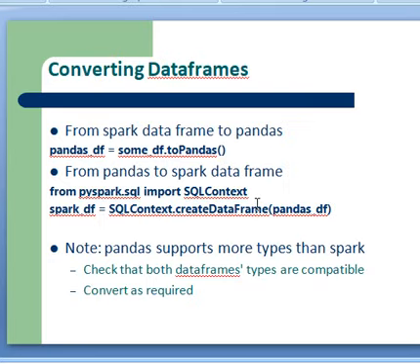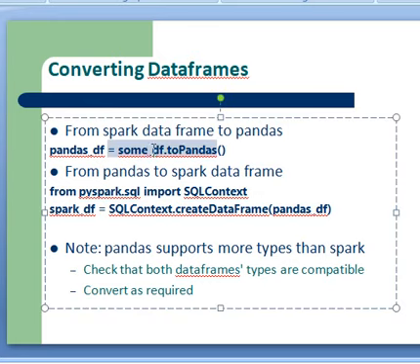Okay, so if we have a Spark data frame, how can we convert it? There is a function, toPandas. This is an object of a data frame, so I want to convert it to Pandas. This is the function I use.